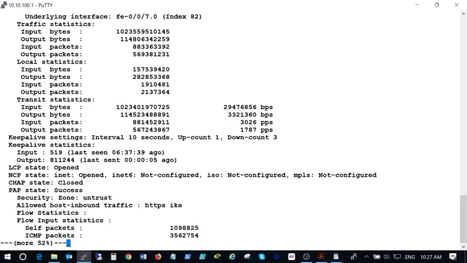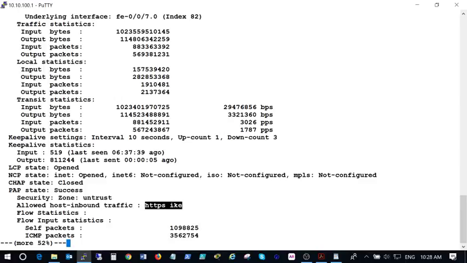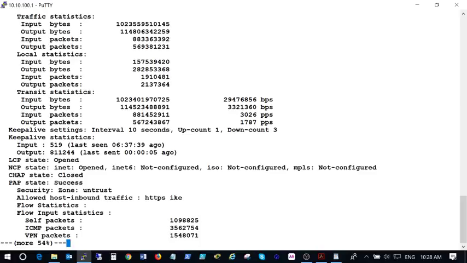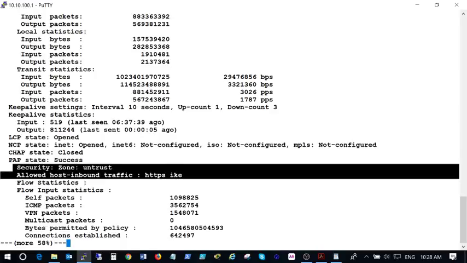And here we are, allow and host inbound traffic: HTTPS and IKE is what we're allowing into that interface. And that's it, so that's our traffic in. Basically those two bits of information are configured at the zone level.